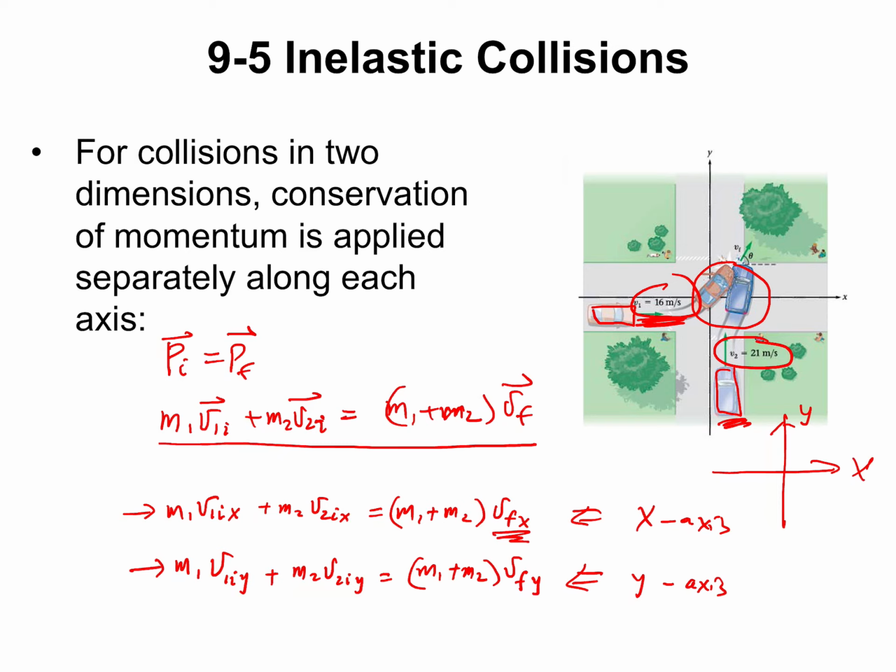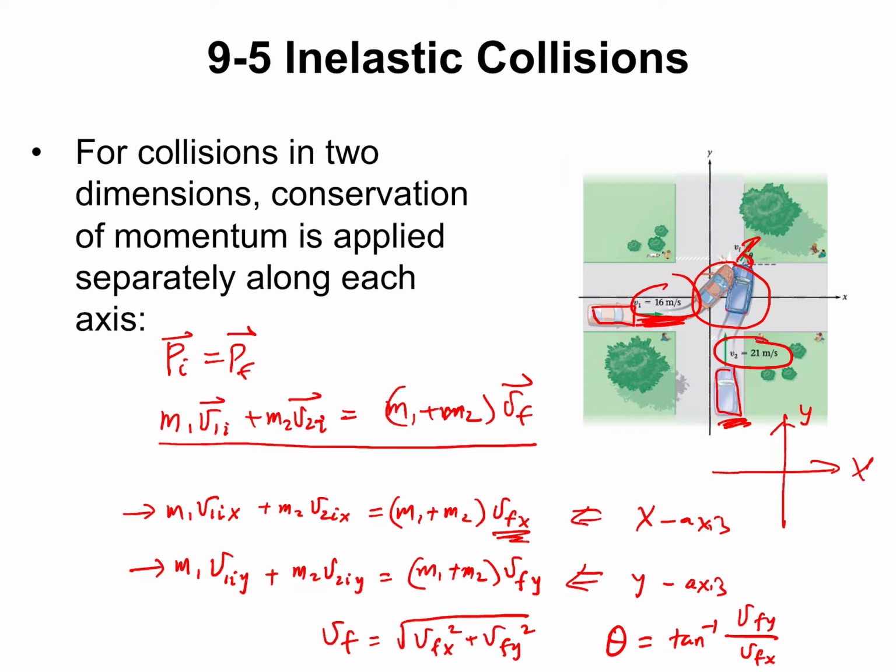Then the final velocity Vf equals the square root of Vfx squared plus Vfy squared. This is the magnitude of the final velocity after they bump into each other. The angle is the inverse tangent of Vfy over Vfx. So you can figure out the final velocity and direction.